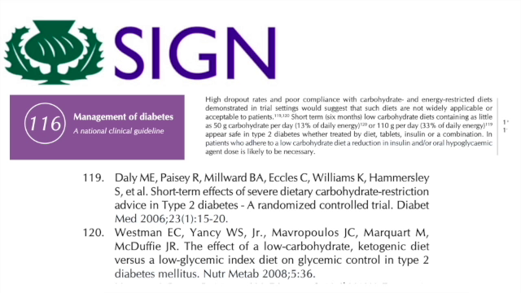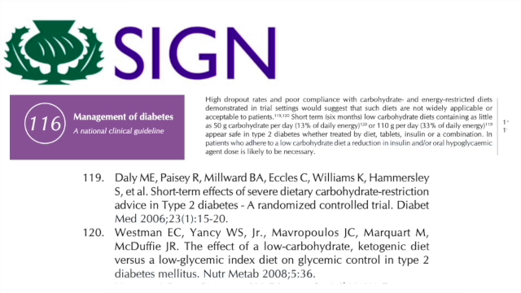Short term, 6 months, low carbohydrate as little as 50 grams per day or 110 grams per day appears safe in type 2 diabetes, whether treated by diet, tablets, or insulin, or a combination. In patients who adhere to a low carbohydrate diet, a reduction in insulin and or oral hypoglycemic agents is likely to be necessary. Okay, and they quote a randomized control trial, and the other one I couldn't quite suss out. It's probably a cohort study, if I'm to hazard a guess.